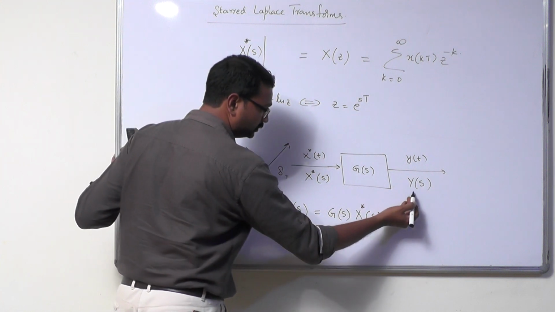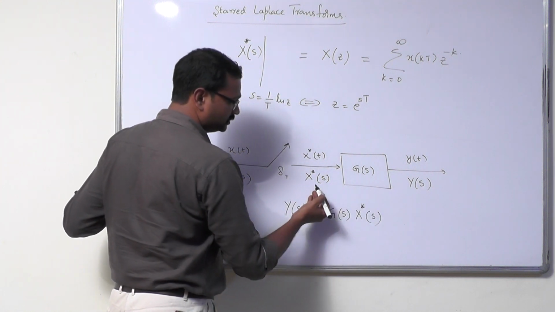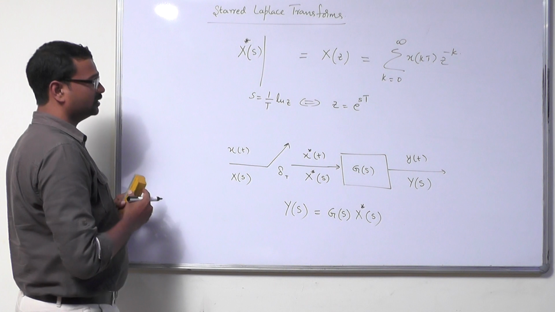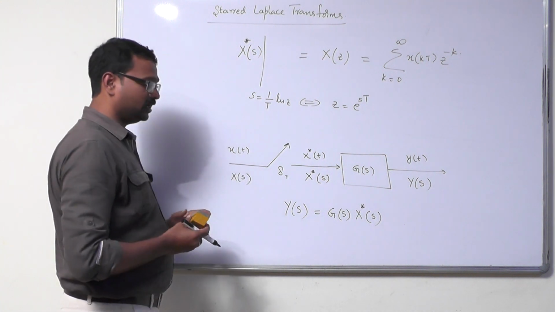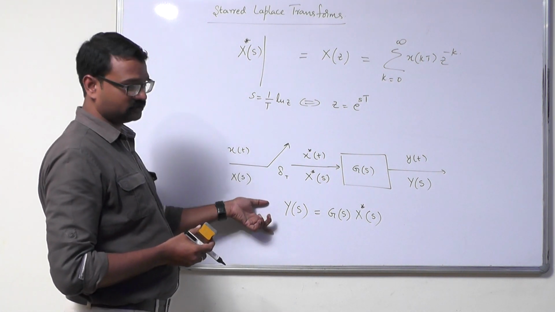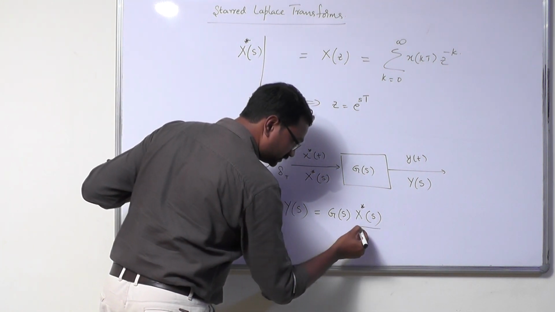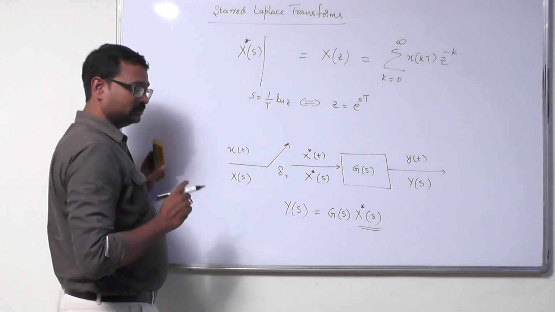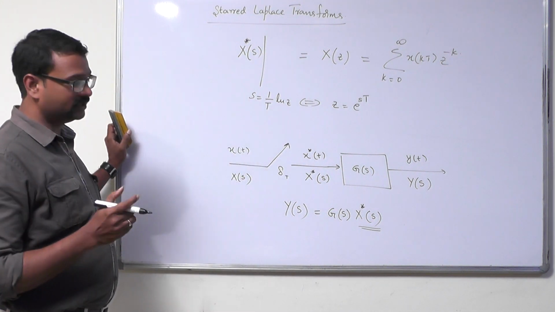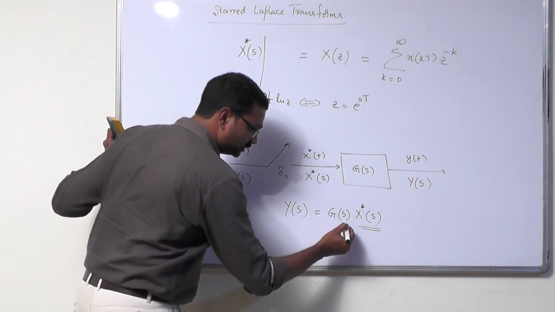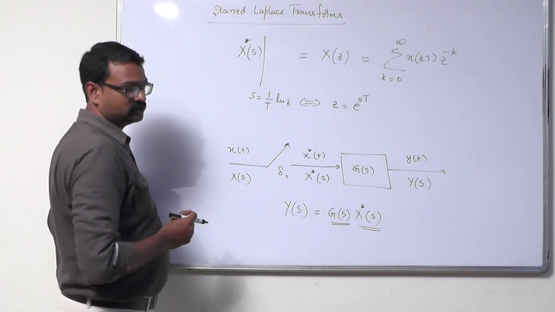When you are applying it for a continuous time system, you get G(s) into X*(s). Now when you are applying star Laplace transforms to this transfer function, you can observe that X*(s) is a sampled data signal, and G(s) is only a continuous time signal.